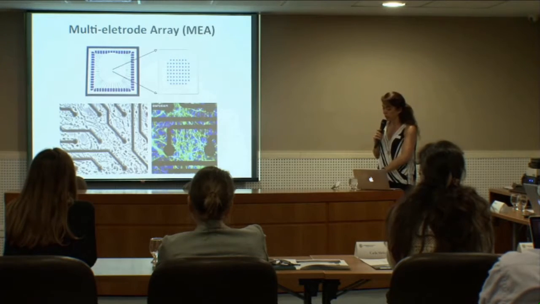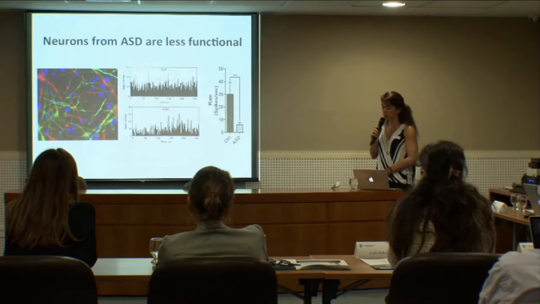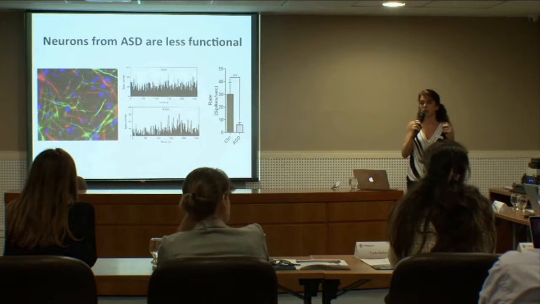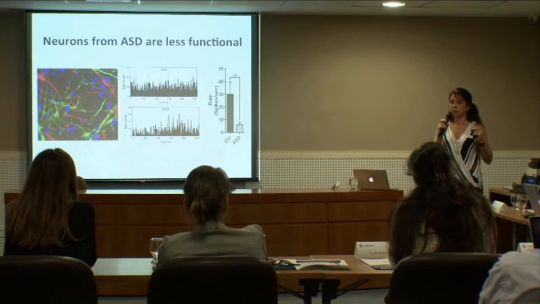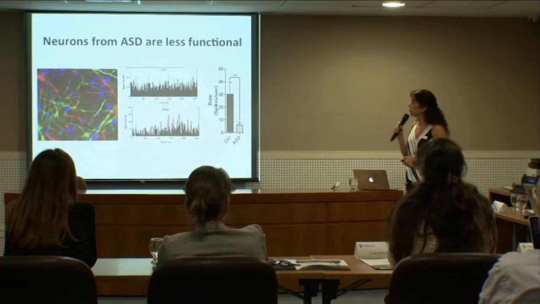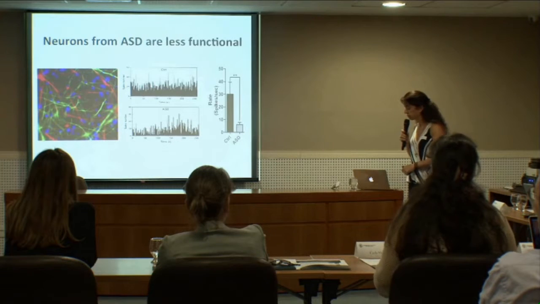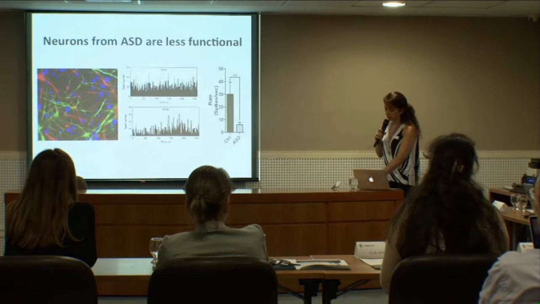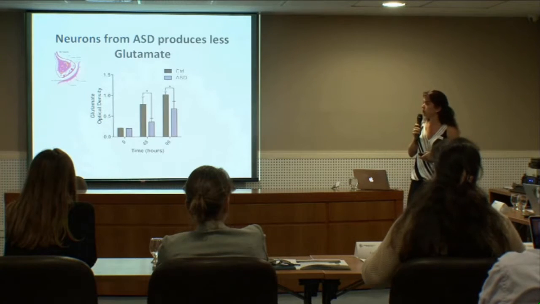We plate the neurospheres in our plate, and then we can measure the communication between the cells in at least 12 channels. We could notice that autistic patients presented lower spike rates compared with the controls, as you can see here. So this could explain a little bit about the cognitive impairment, for example.